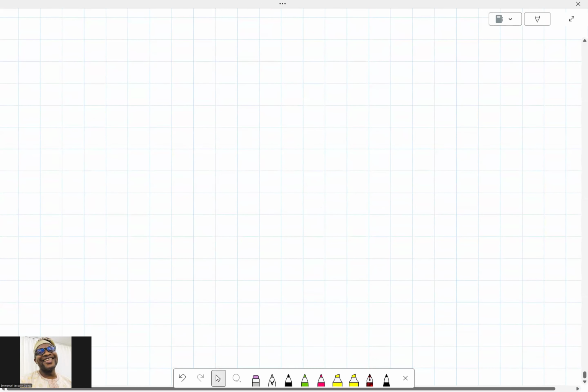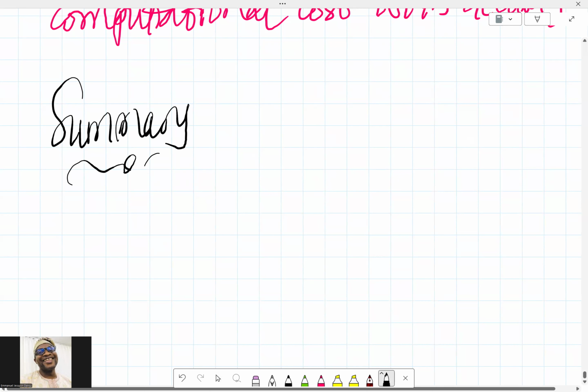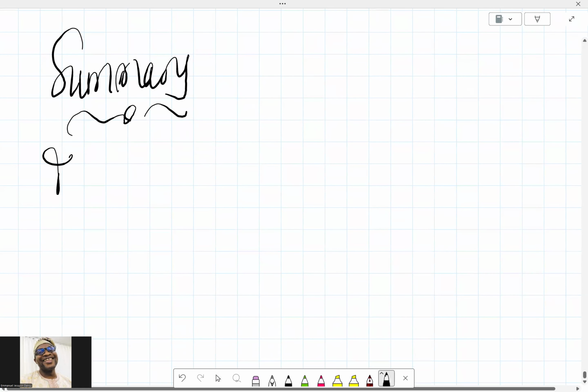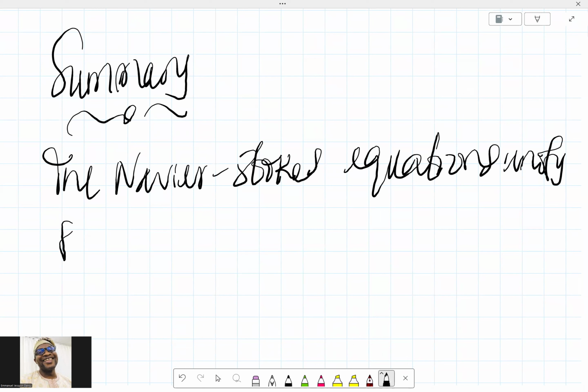Okay. All right. In summary, I'm still going to show the Python code. I hope I don't forget. In summary, the Navier-Stokes equations unify fluid dynamics. So it's more like you have everything together in one place.